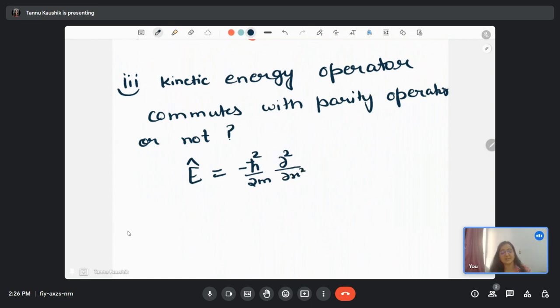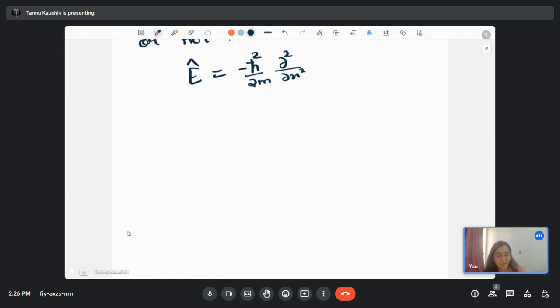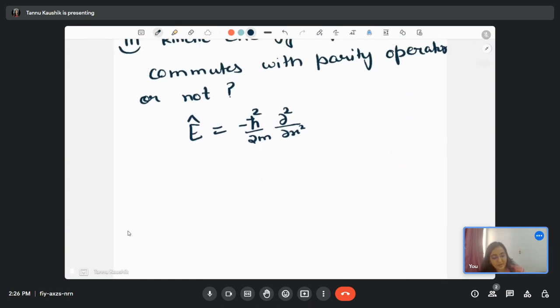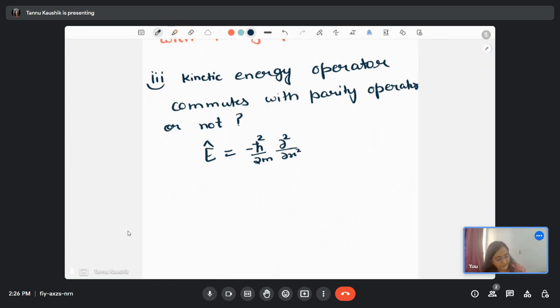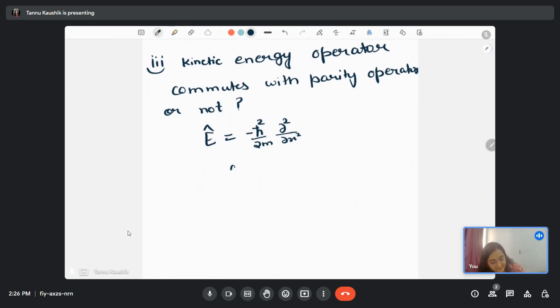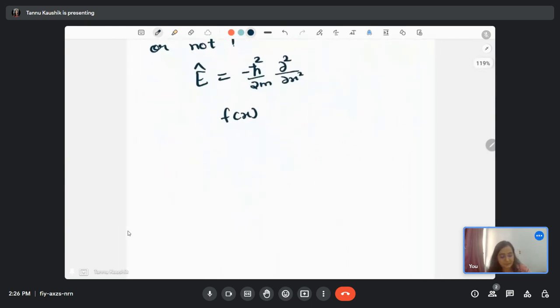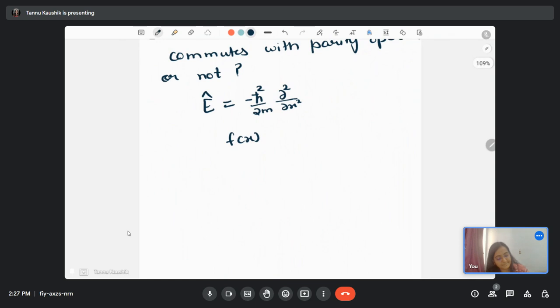It is equal to minus h bar square by 2m del square by del x square. So I'm taking these operators in only one coordinate, the x coordinate only. You can also take it in the xyz coordinate, the three coordinate system also. Okay. For simplicity, for explaining how to solve these problems, I am taking it in one coordinate only.